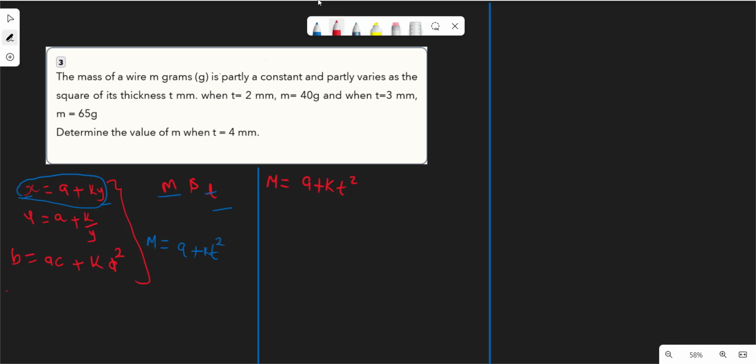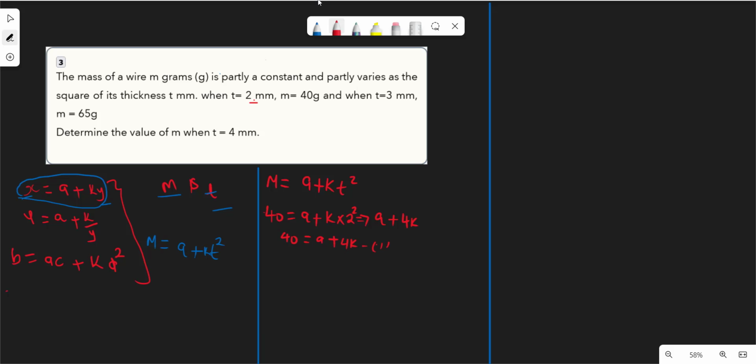We're told when t equals 2, m is 40. So 40 equals a plus k times t squared, with t as 2. This is the same as a plus 4k. So let's call that equation 1: 40 equals a plus 4k.